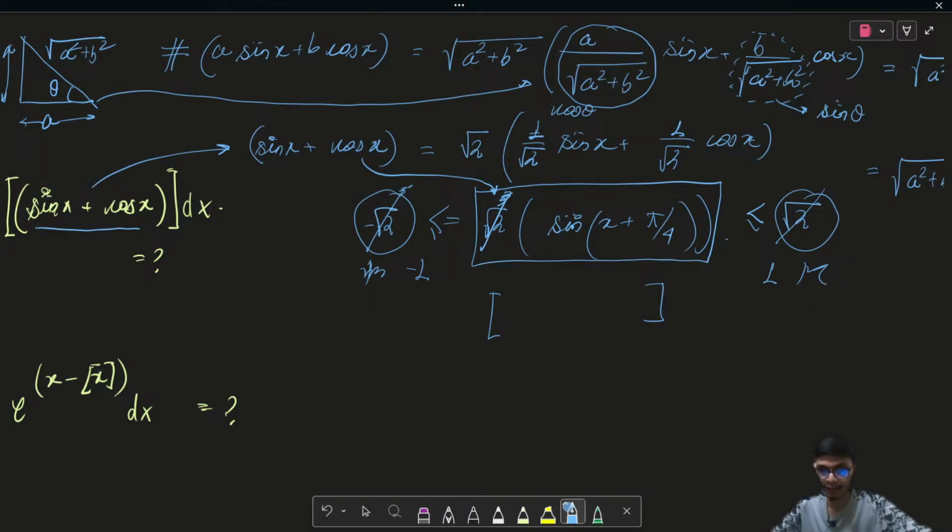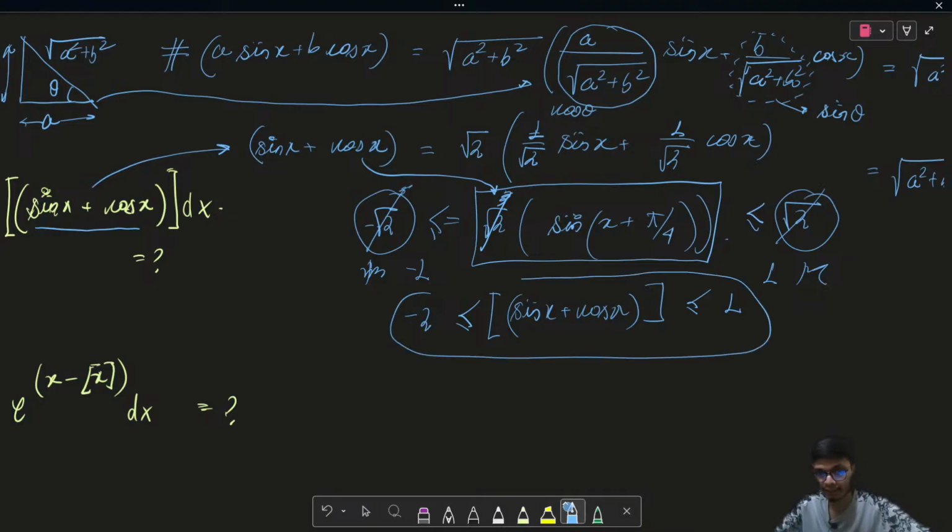So when I take the greatest integer of sin x plus cos x, this value will be less than or equal to 1 but greater than or equal to minus 2, right? So this will be the relation of the greatest integer function. Now I have to break the intervals into multiple small intervals of x for which I get all these values, right?